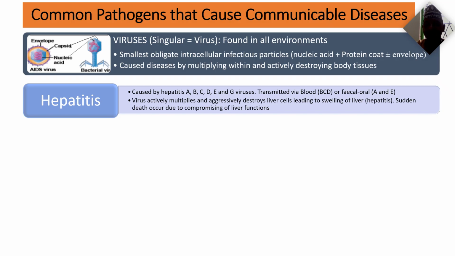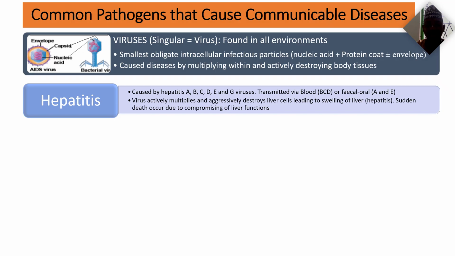Now, in any case, these viruses love protein, and therefore their target organ in the body is the liver. Immediately they get into the body, in the case of hepatitis A and E, they first multiply in the intestine, and then finally get into the bloodstream to reach the liver, where they actively multiply and aggressively destroy liver cells, leading to the inflammation or hepatitis.